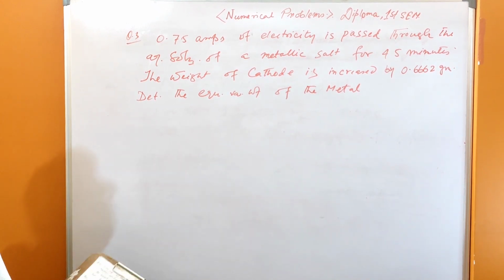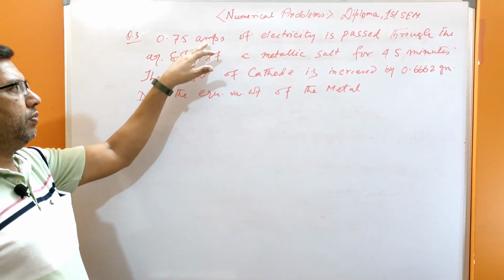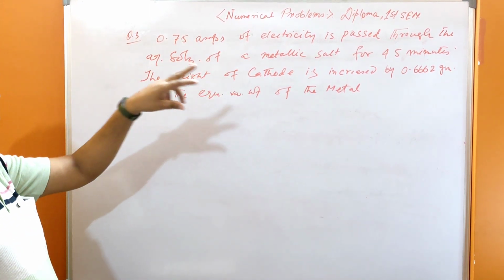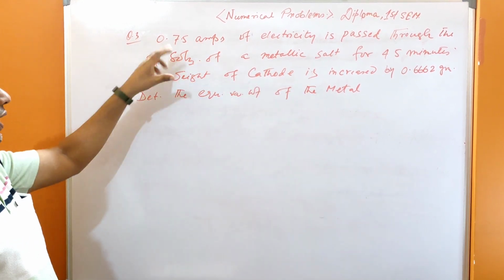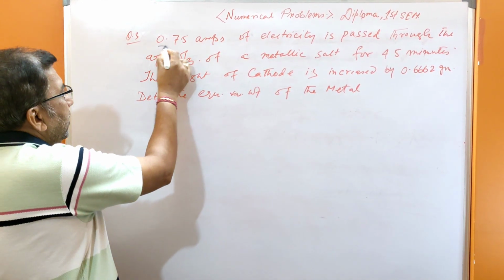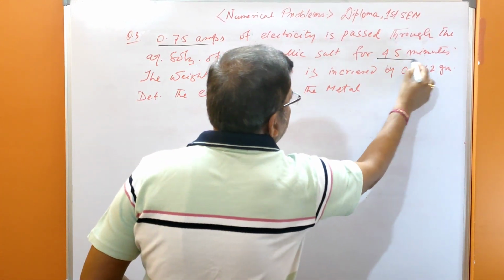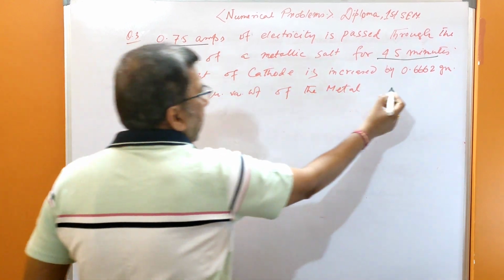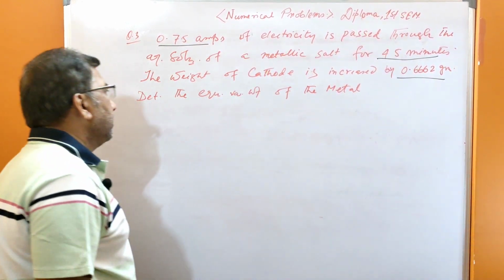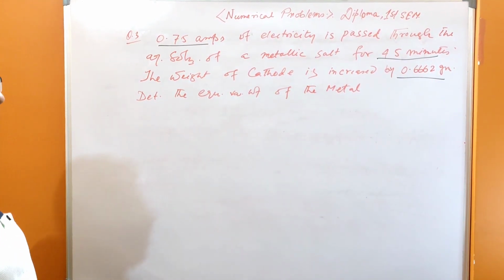The current and the 45 minutes are given, you have to convert it into seconds, and the weight increase is given. You have to find the equivalent weight.